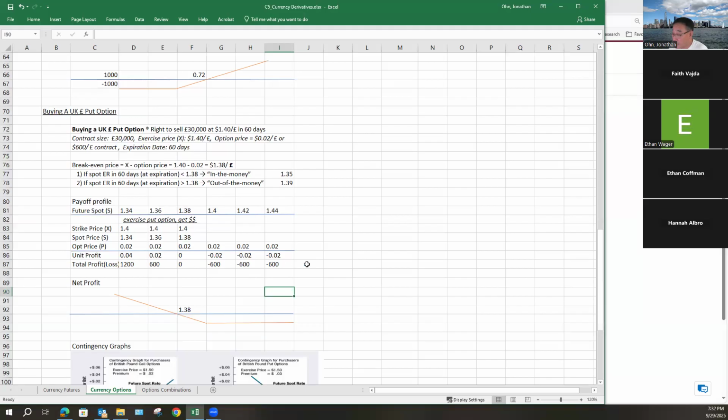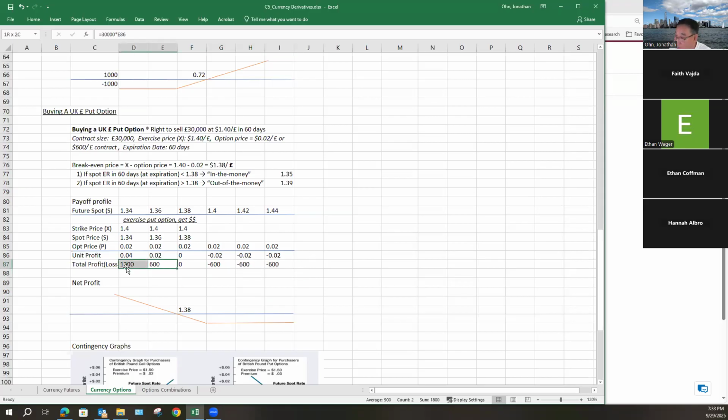See that? Okay. So when the future spot price is higher than your break-even price, you leave the contract expired, don't do anything, and you only pay this option contract cost. So $600 is the cost of risk management.